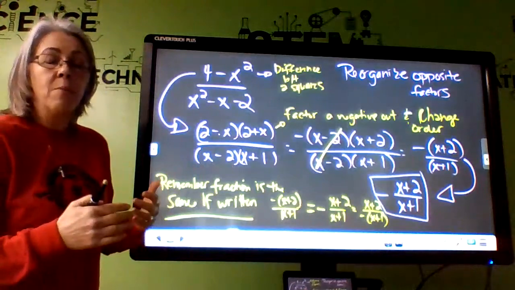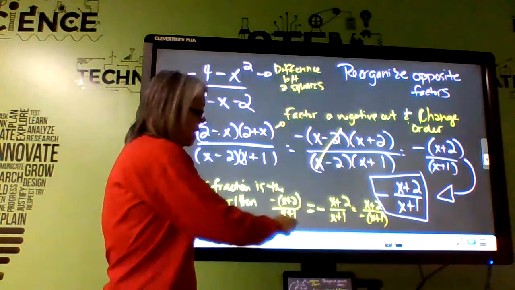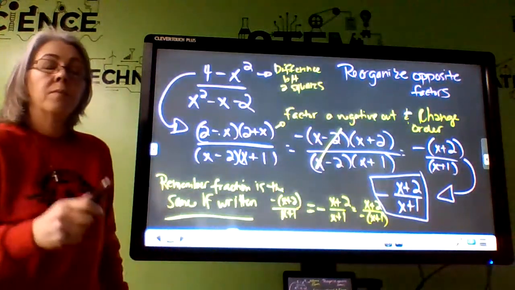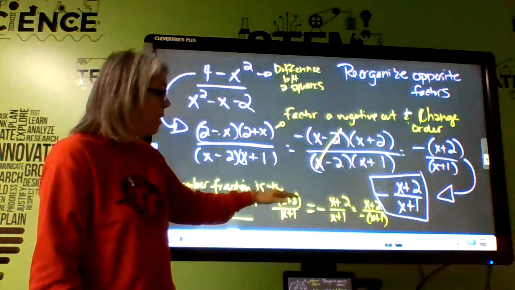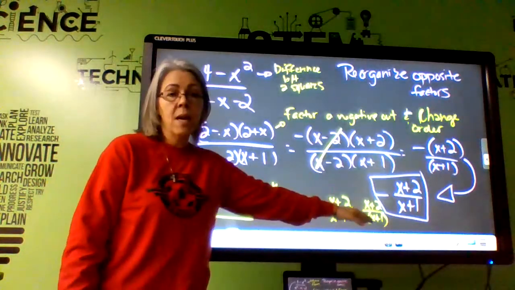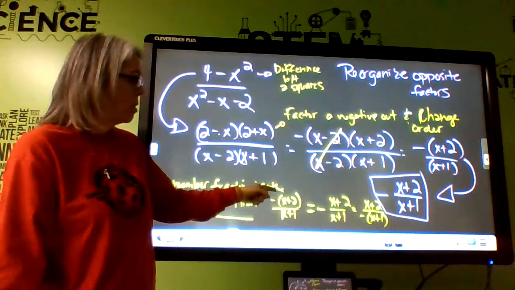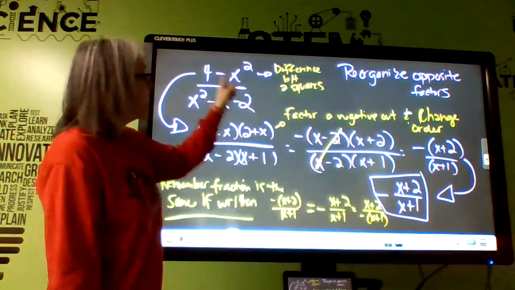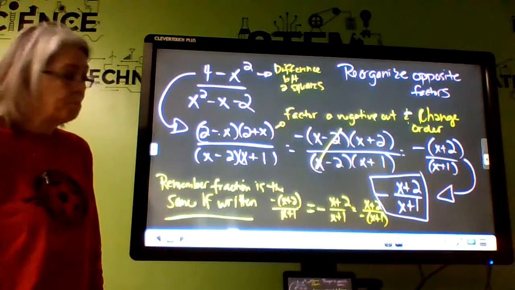We have gone over that before. So it doesn't matter where you put that negative sign. This rational expression has one negative sign. Whether you put it in the numerator, in the middle, or in the denominator, it doesn't matter. But it has to be there to make that a simplified expression of that rational expression. Okay?